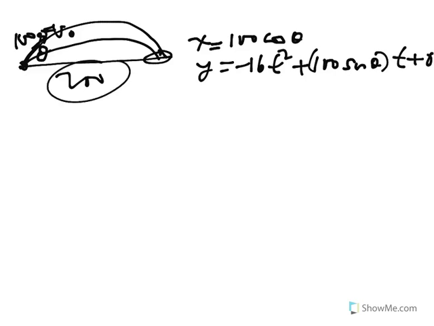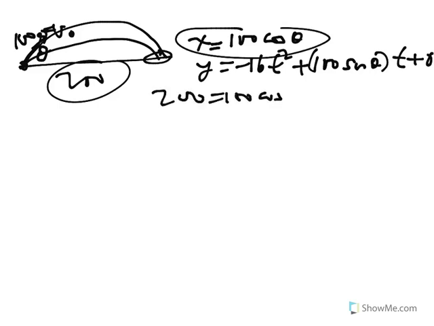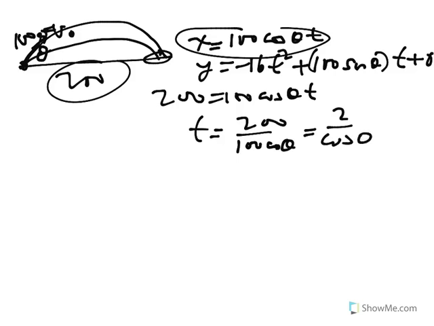Since we know that 200 is how far it goes, I can take this equation and plug 200 in for x. 200 equals 100 cosine theta t, sorry, I forgot the t, and I could solve for, isolate the t. So I get 200 over 100 cosine theta, which is 2 over cosine theta.